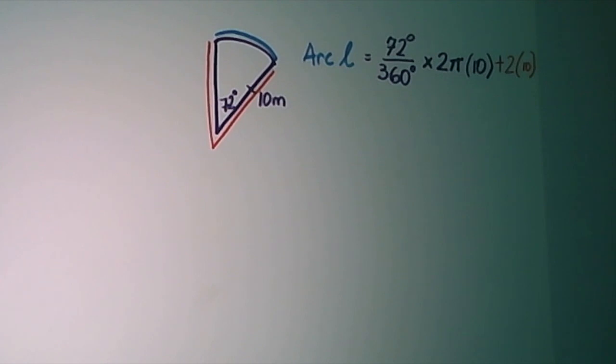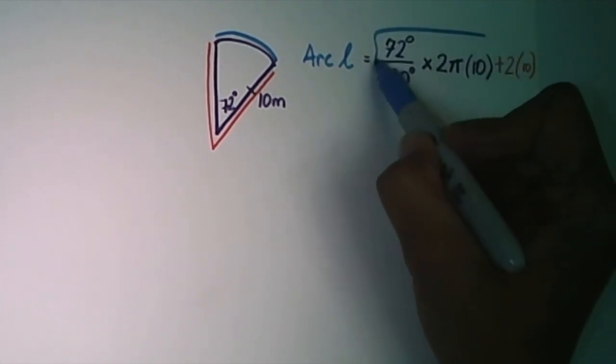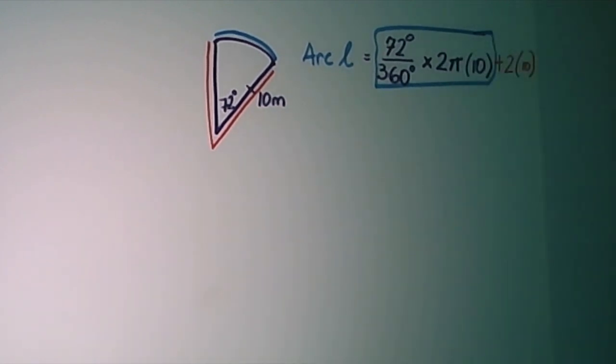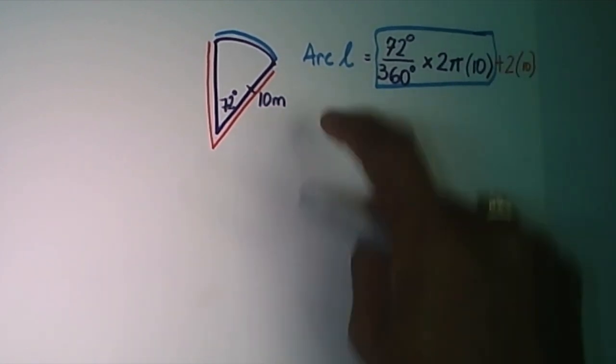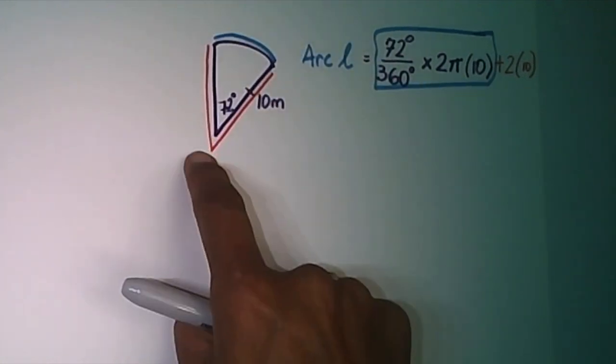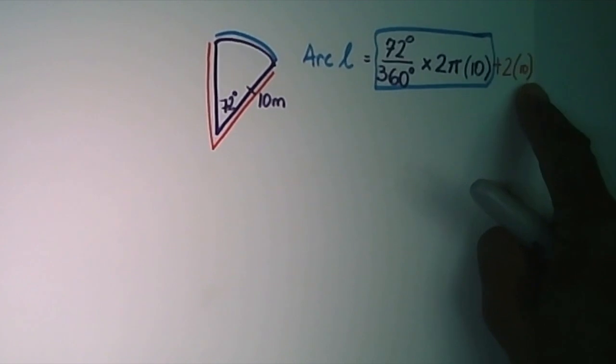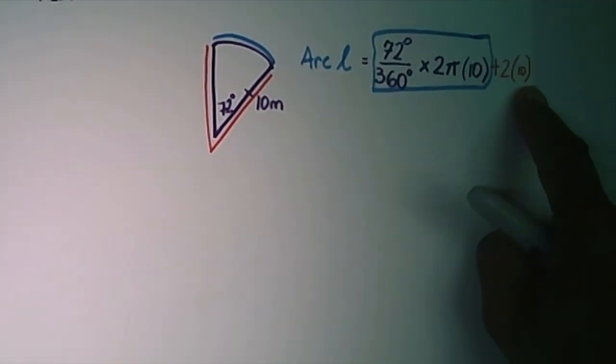So on the one side, I'm first doing just the calculation of the arc. And then I remember, actually, I have to also walk around the radius and the other radius. So I'm adding those 2 radii in as part of my sum.